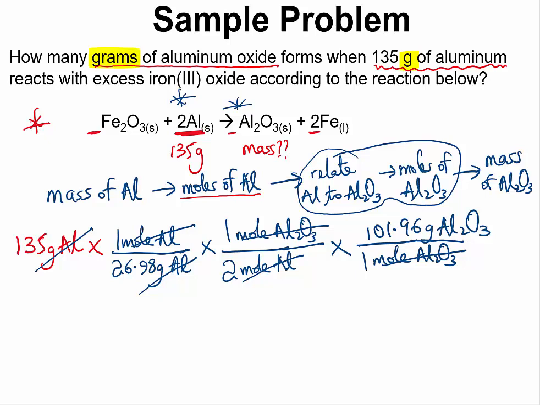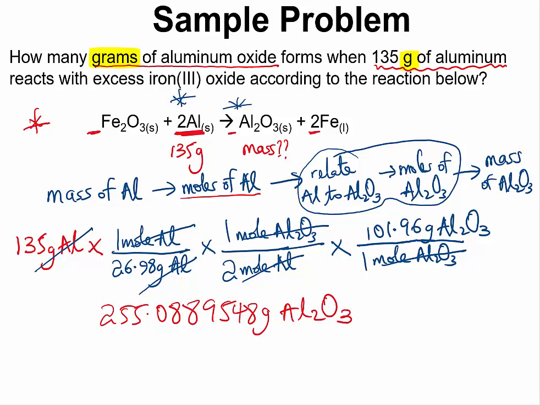If you punch all of these numbers into a calculator, you should arrive at 255.0889548 grams of aluminum oxide, which you can then round to 3 significant figures based on the measurement: 255 grams of aluminum oxide.